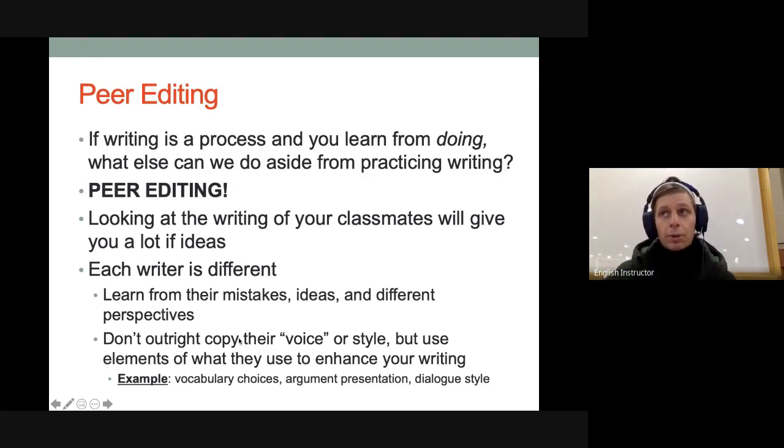And so when you look at other people's papers and you read their words, you'll see that the way they say things, the way they present things, the way they describe things is different. I'm not asking you to copy them, and I'm not asking you to completely avoid what they do if you think it's a mistake, but just learn to see things from different people's points of view.